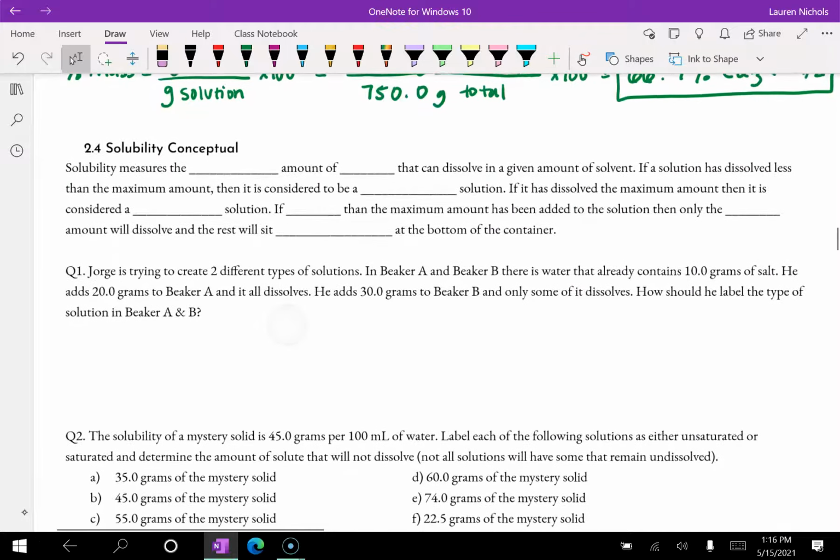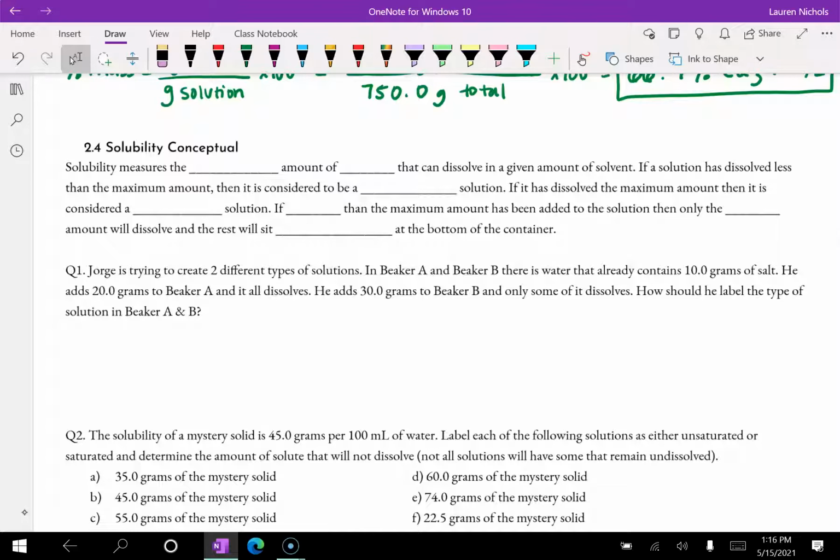So we'll start here. Solubility measures the maximum amount of solute that can dissolve in a given amount of solvent. And so solubility, it's the maximum. If a solution has dissolved less than the maximum amount, then we call that an unsaturated solution.